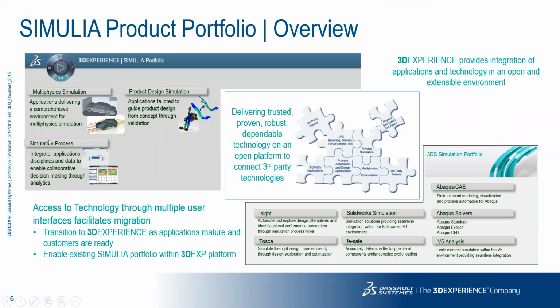It is also multi-physics. We have capabilities for fluid and electromagnetics, and we are adding more multi-physics capability. More importantly, it has a framework where you can bring in your own custom physics and couple it with the solvers that we have. We also have a process integration tool built inside the platform, which allows you to link your disparate simulation processes into one whole, and to deploy those processes across the enterprise.